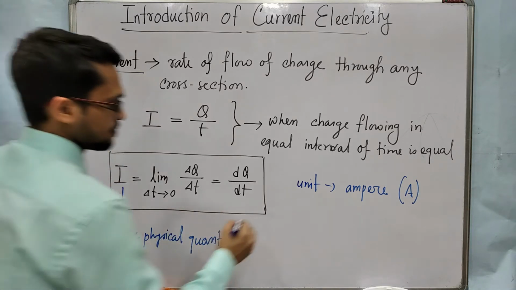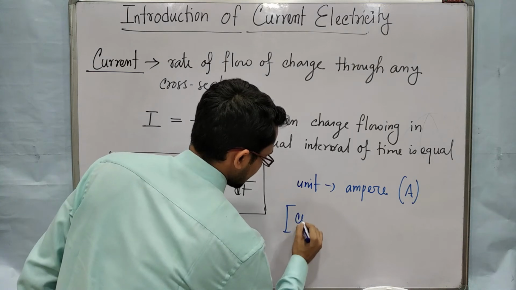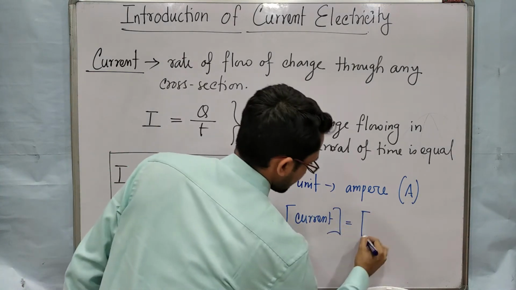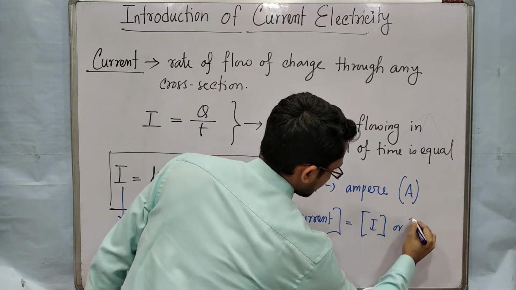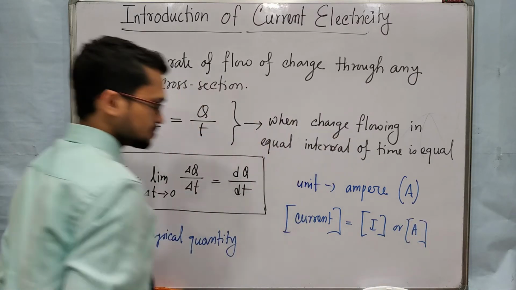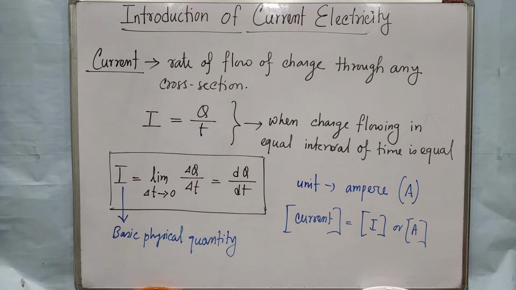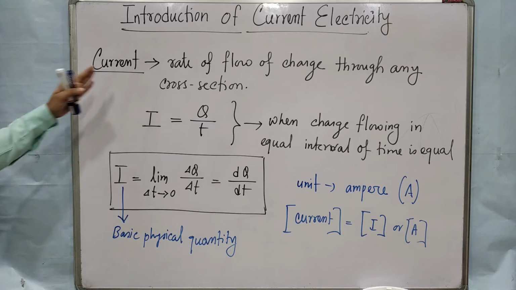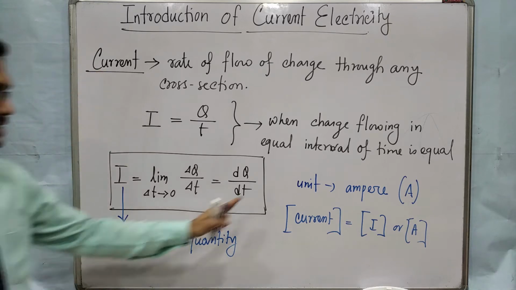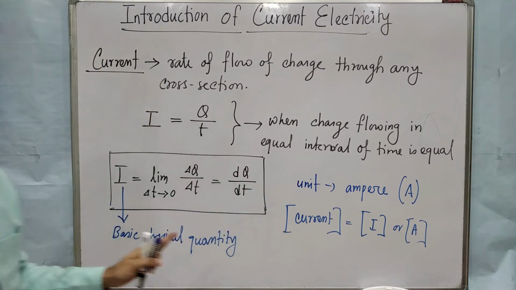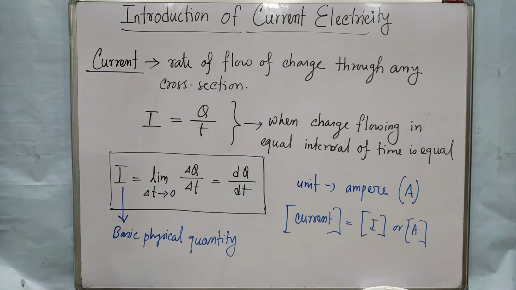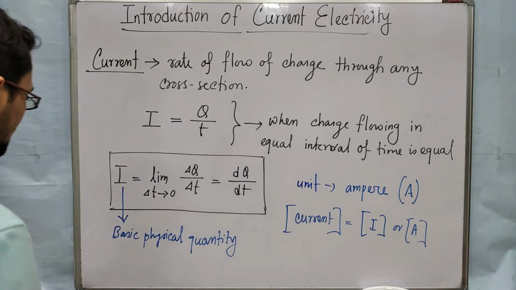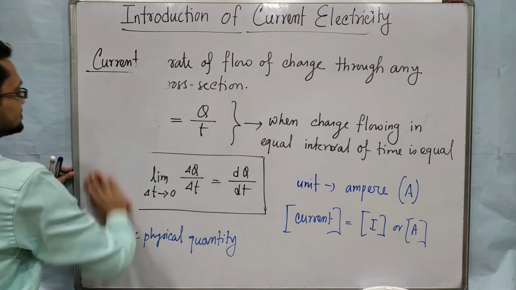So the dimension of current can be denoted by capital I or capital A, whatever. Clear? So this is the simple part of current: definition of current, its expression, its unit and its dimension. It is the basic quantity in the SI system, so its dimension will be I or A. So I am erasing this part.